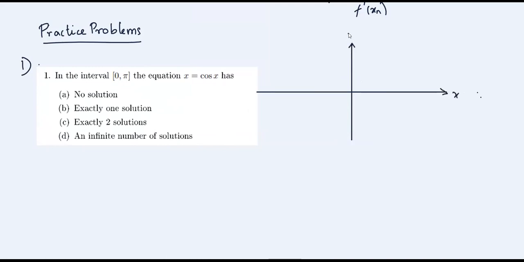We only need the intermediate value theorem. We know that cos at pi by 2 is 0. At 0 it is 1. At pi by 2 it is 0. And at pi it is minus 1.